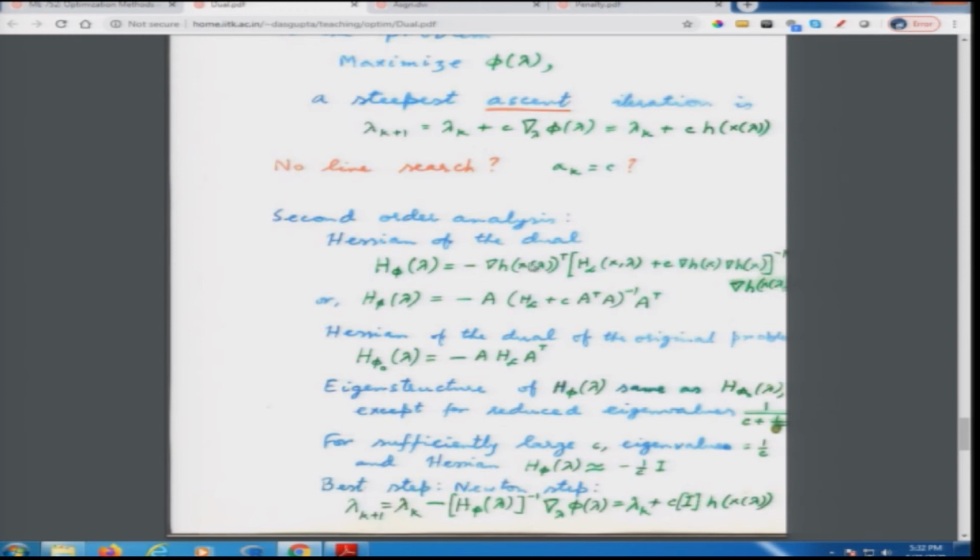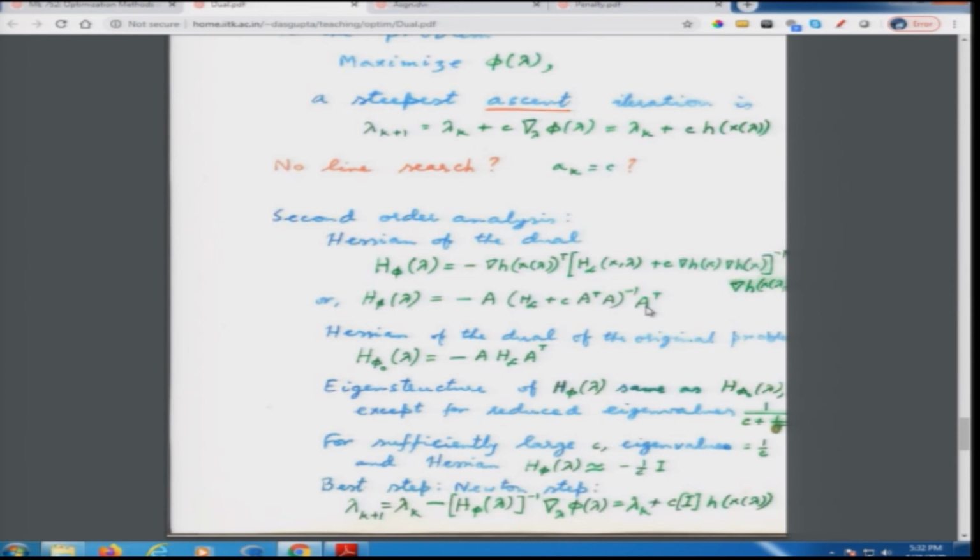This is a symmetric matrix plus C times this matrix and its transpose, inverse, and then the original grad h matrix again. Since we typically write grad h transpose as A, this will be written as A, A transpose A, and again A. So, you get this.